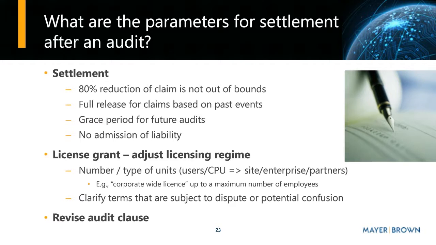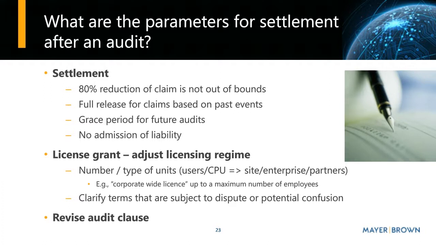Oftentimes the settlement may require some sort of clarification or adjustment in the licensing regime. For example, sometimes it may make sense to move from, say, a named user license to an enterprise license, or otherwise make the licensing regime easier for the licensee to manage. Oftentimes there's really no ill intent here or bad faith.